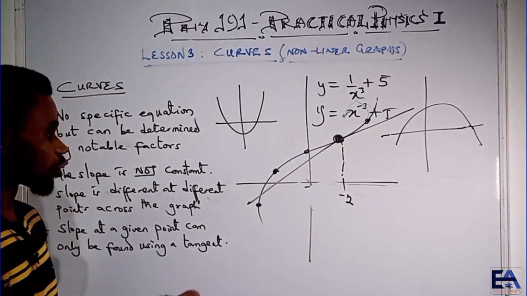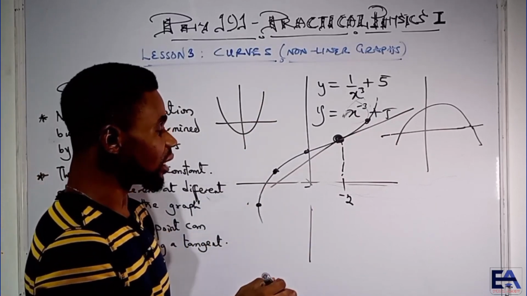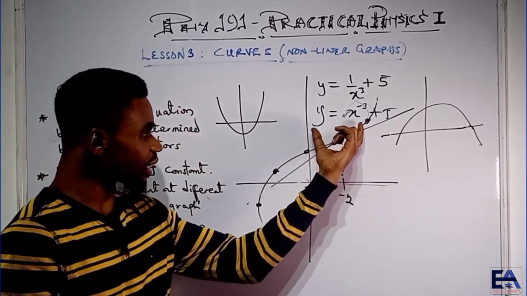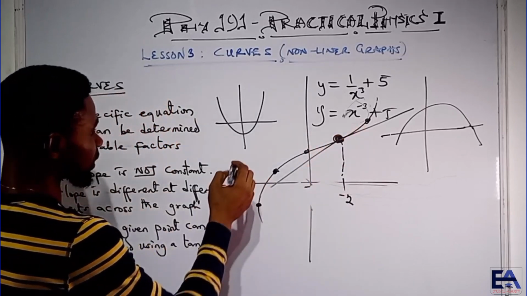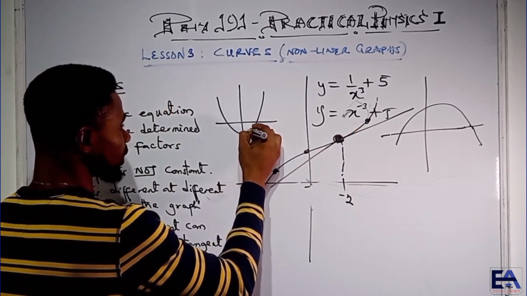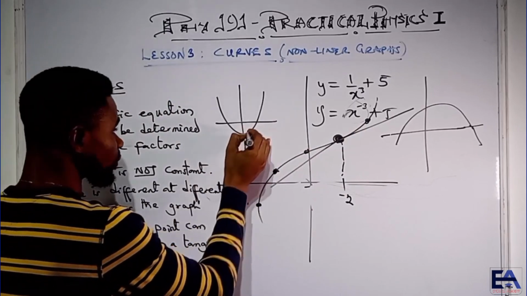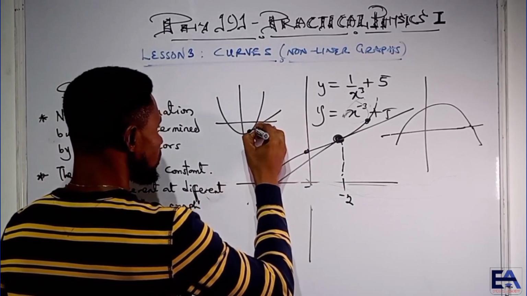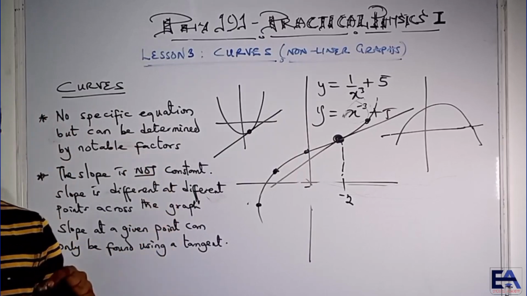Draw a straight line in such a way that it will not break into the graph. When I say break into the graph, if for instance you are meant to find the slope at this point, because I want to find the slope at this point, I'm going to draw a straight line that will touch the graph only at that point.